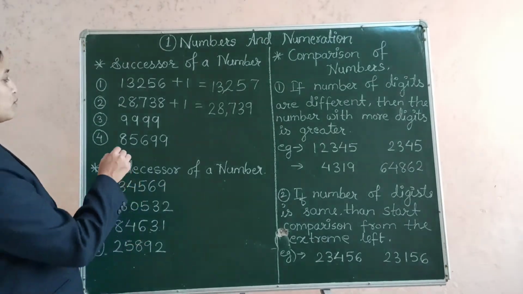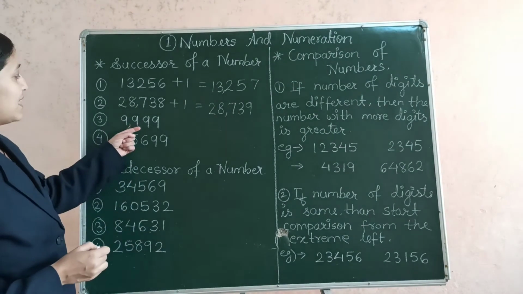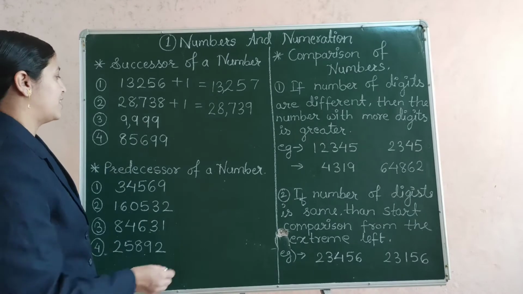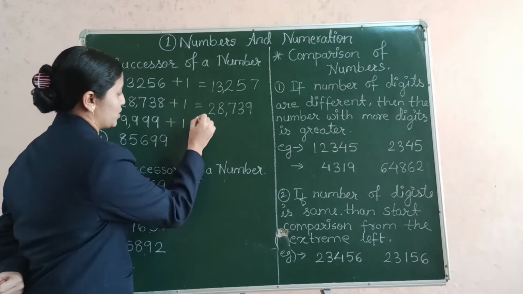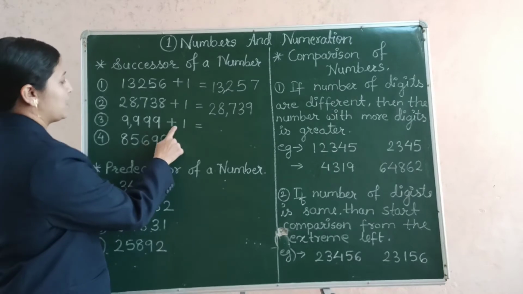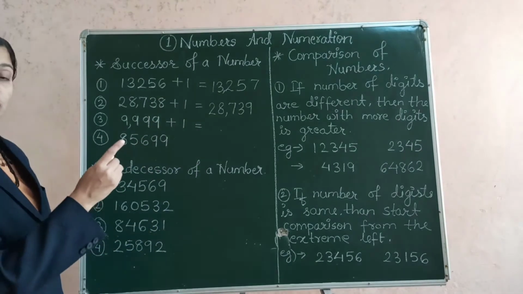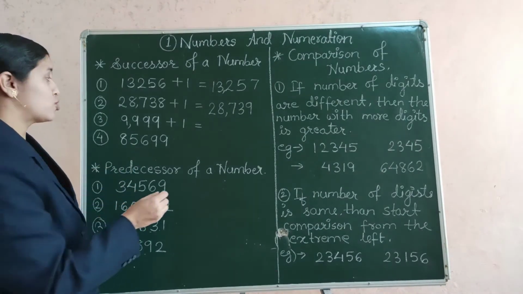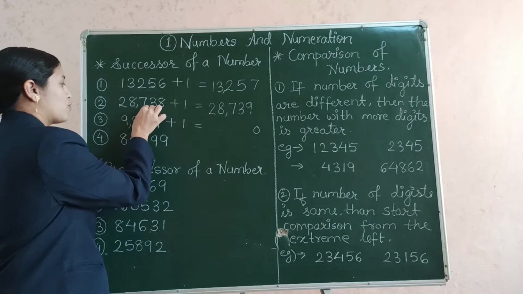We will see one more example. Here we are given 9,999. To find its successor, we will add 1 to it. 9 plus 1 becomes 10. We can't write a 2-digit number in the ones place. So what will we write? We will write 0 over here and carry forward 1.